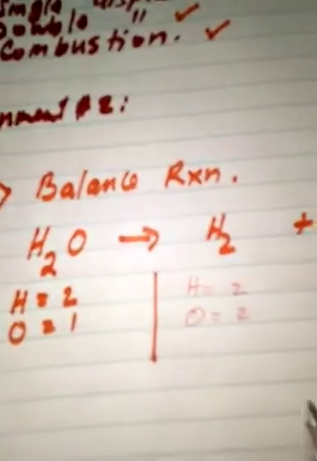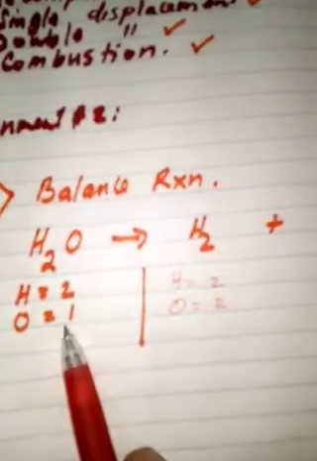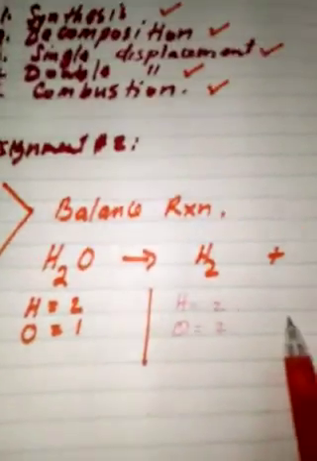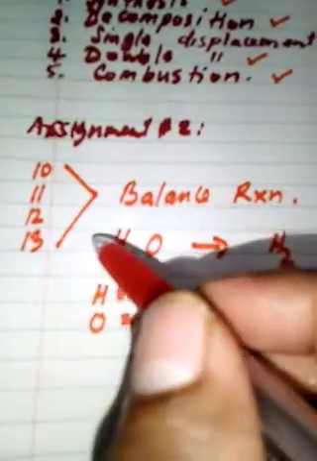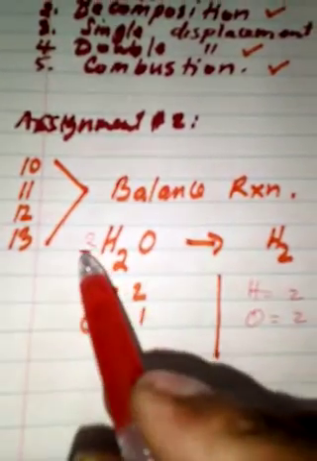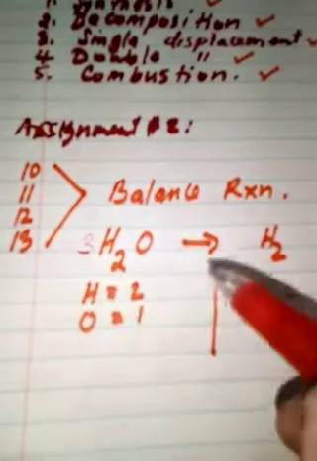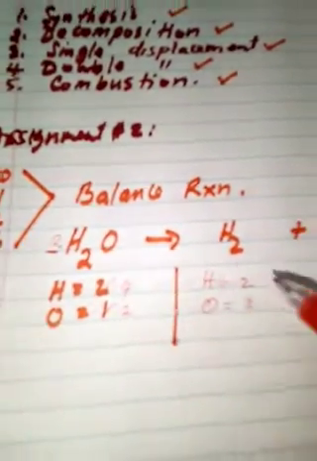Now you look at the oxygen: on the left is 1 and on the right is 2. So what you need to do now is to add 2 in front here. That is the coefficient. So now 2 multiplied by 2, that's 4 hydrogen. 2 multiplied by 1 oxygen gives you 2 oxygen.